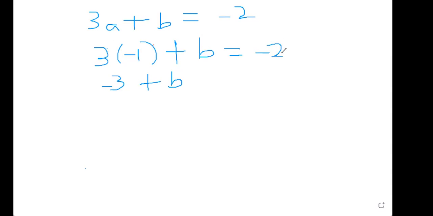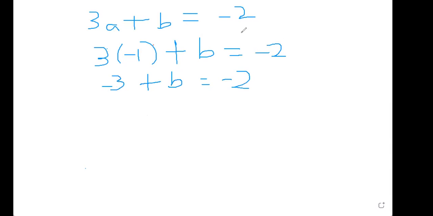I want you to confirm it's minus 3 for me, please. Yeah. So how do we simplify this equation I have here? I think it's minus 3. It's shown minus 3 on my screen. Yeah, that's minus 3 exactly. Minus 3 plus B equals minus 2.